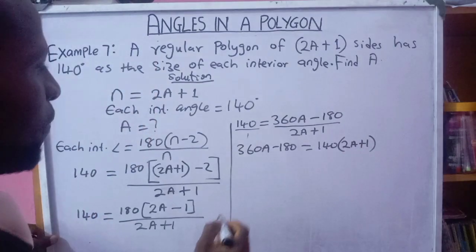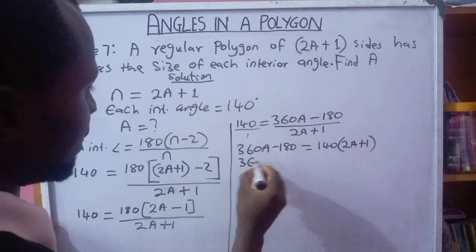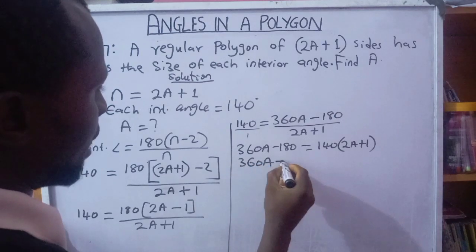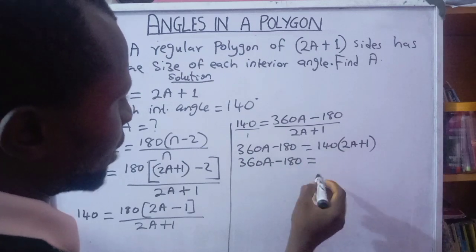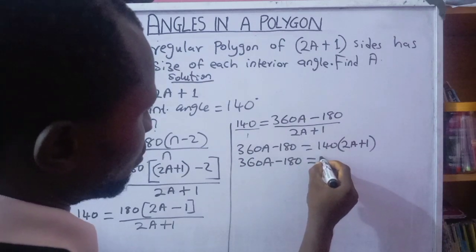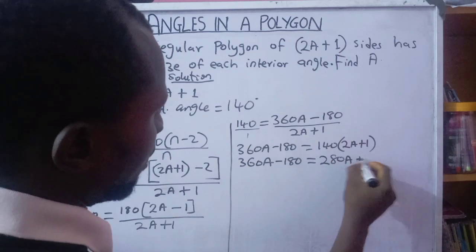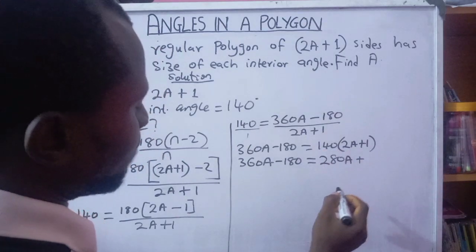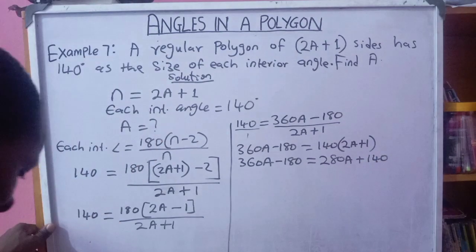All right, so let's move further. That would then be 360a minus 180 is equal to 140 multiplied by 2a will give us 280a plus 140 multiplied by 1 will give us 140. I hope this is quite clear so far.